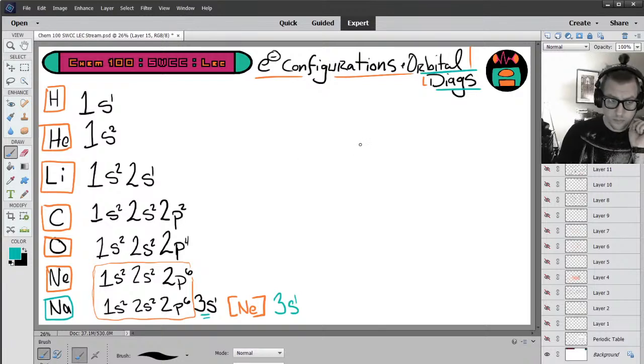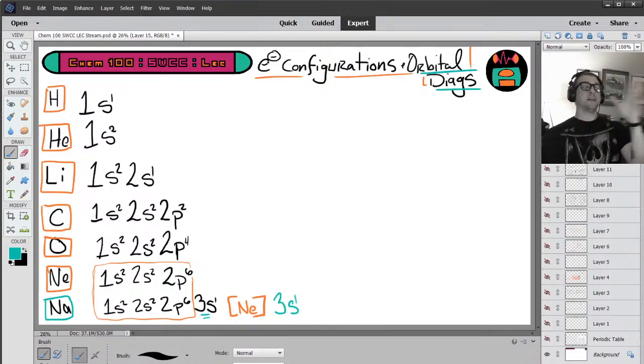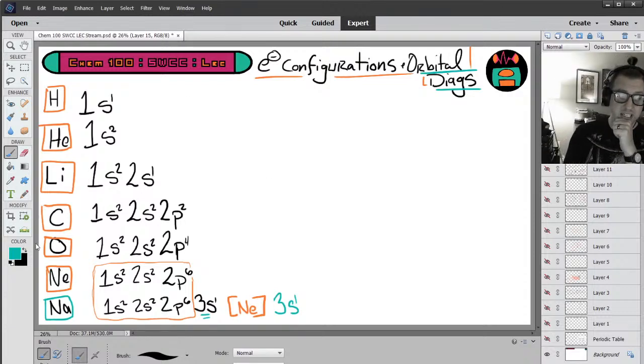Now, in an electron configuration, all the orbitals in a subshell are clumped together. In an orbital diagram, individual orbitals within a subshell are each represented, and they're represented with a line, and then they're labeled.